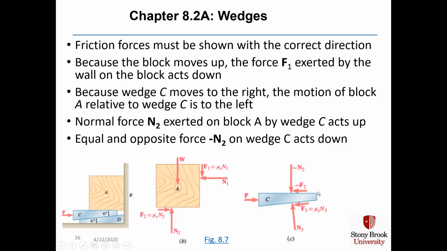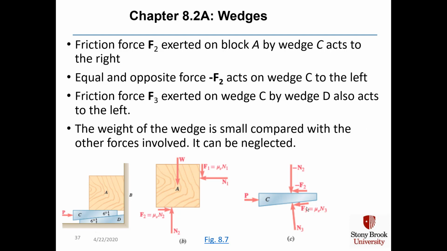Here's minus N2 acting downward on the wedge. Here's minus F2 acting across this top of the wedge. And then here's N3 and F3, which is the normal and frictional forces between wedge C and wedge D. Friction force F2 exerted on block A by wedge C acts to the right, and equal and opposite force minus F2 acts on wedge C to the left.